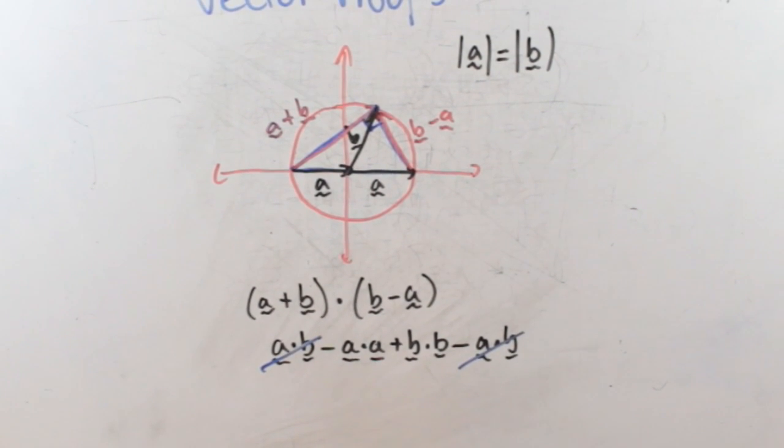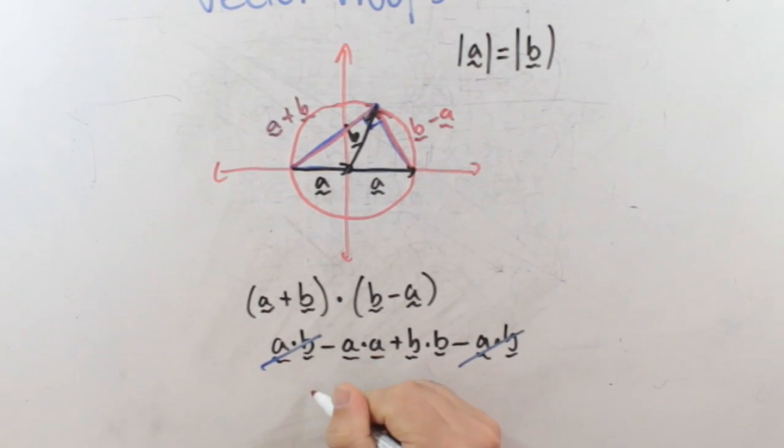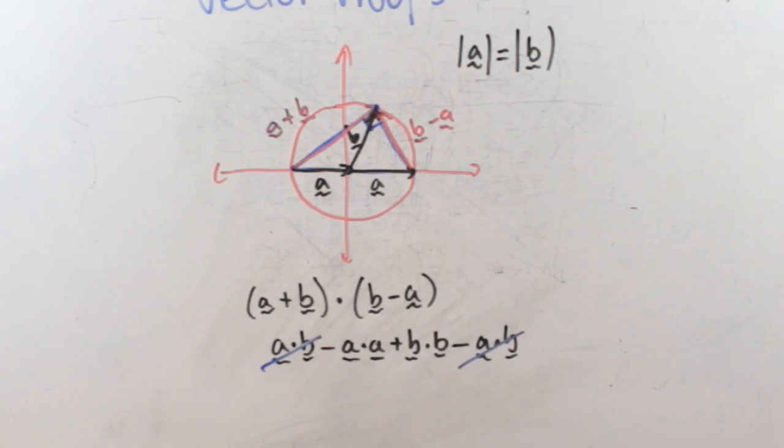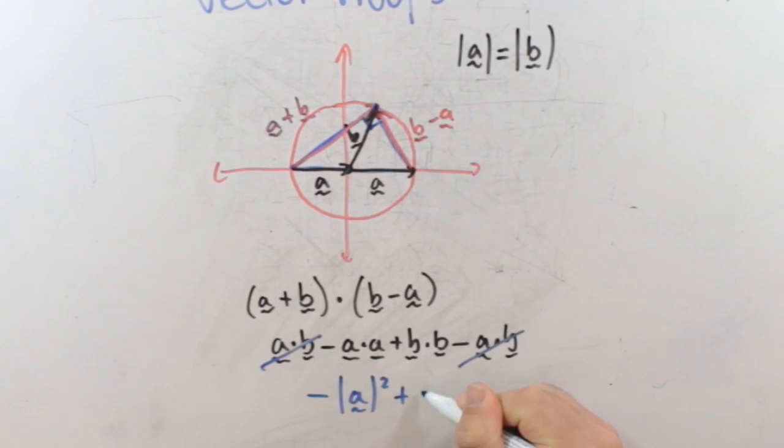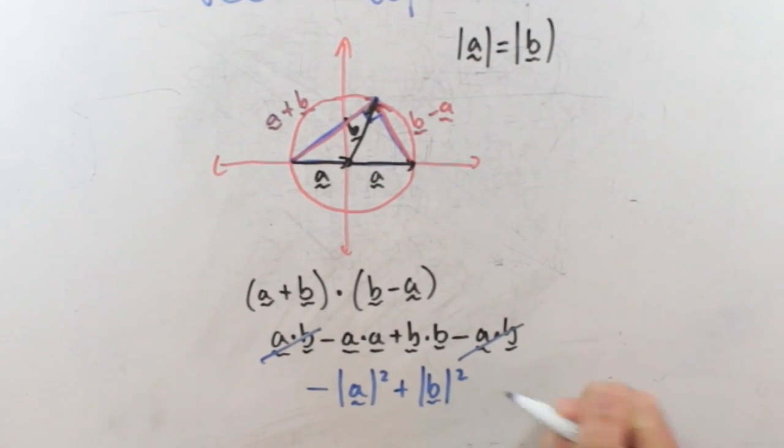Now I've got minus the magnitude of a squared plus the magnitude of b squared.